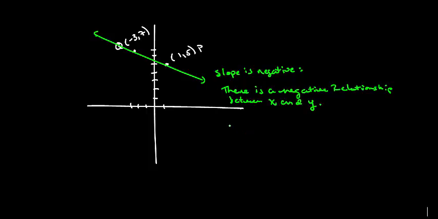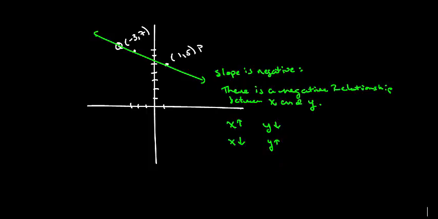Essentially what this means is that as x increases, meaning as we go to the right, y decreases. Or as x decreases, y increases. Okay, so we've got this relationship where they go in opposite directions, and that's important, right?